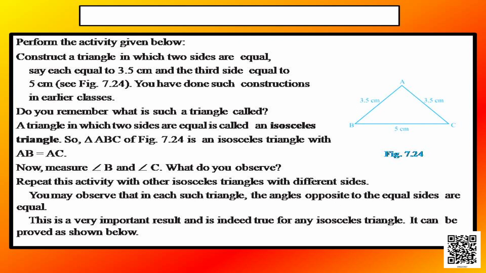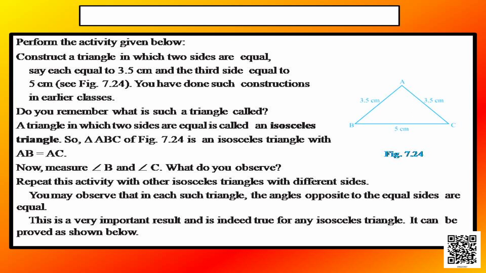So, first of all, we are going to discuss the isosceles triangle. Students, let us do an activity as given in your book. Construct a triangle in which two sides are equal, say each equal to 3.5 centimeter and the third side equal to 5 centimeter.